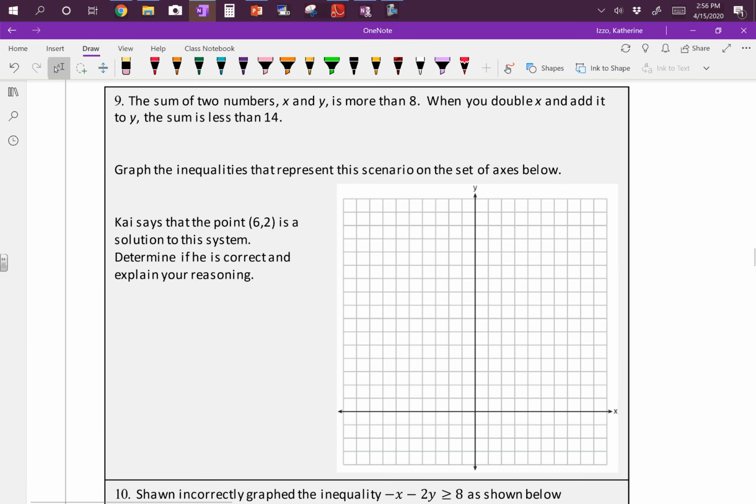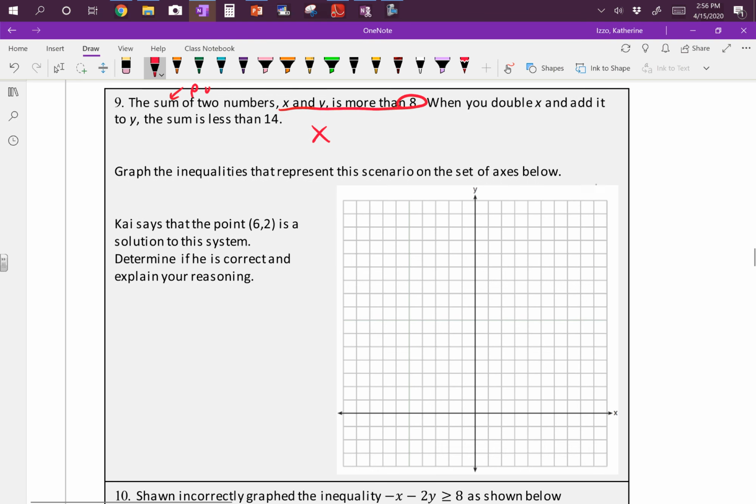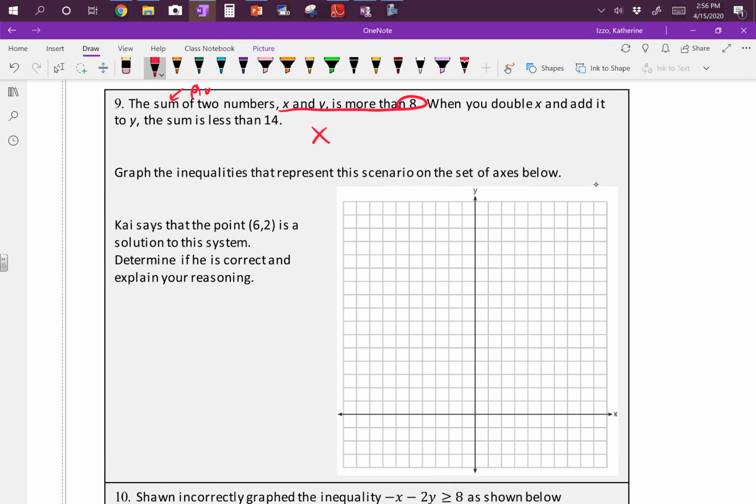Sum of two numbers, x and y, is more than 8. Okay. X, sum means plus, plus y is more than 8. When you double x, so two x's, and add it to y, plus y, the sum is less than 14.